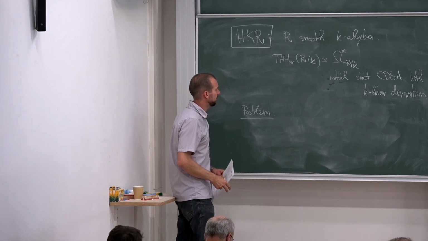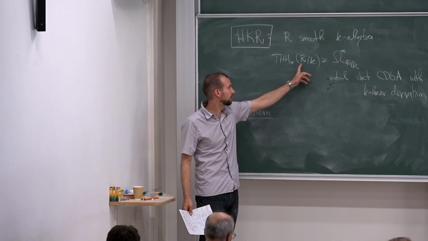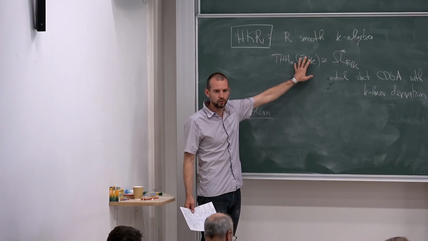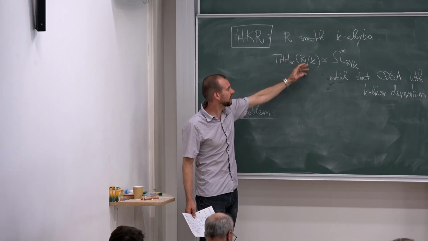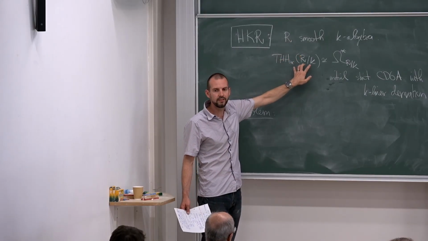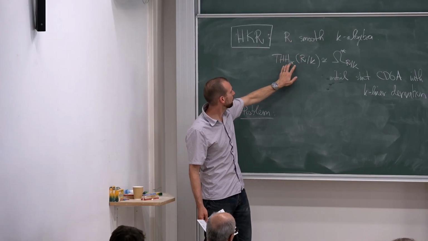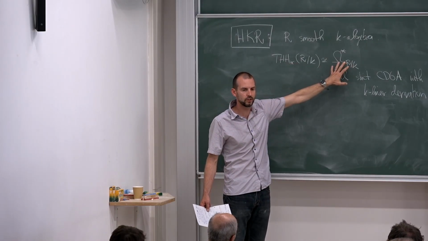The first problem is this relative THH is not a cyclotomic spectrum, so it doesn't really help me to understand the cyclotomic structure having these homotopy groups. And the second problem, even if we ignore this problem, for example, by passing to the absolute case, is that this filtration by homotopy groups is also not very compatible with the cyclotomic structure.